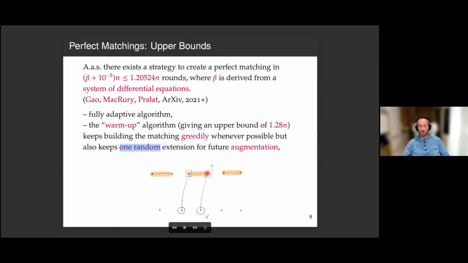So one more time, in this warm-up algorithm, if I only keep track of one random extension, then that's of course much easier to analyze. But the disadvantage is that when I do an augmentation, my red spot, which I really liked, disappears. There are no red spots anymore.